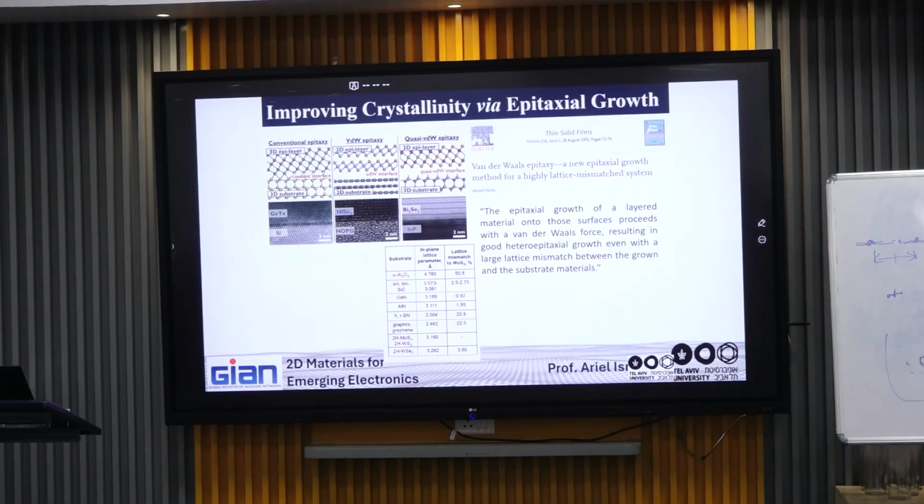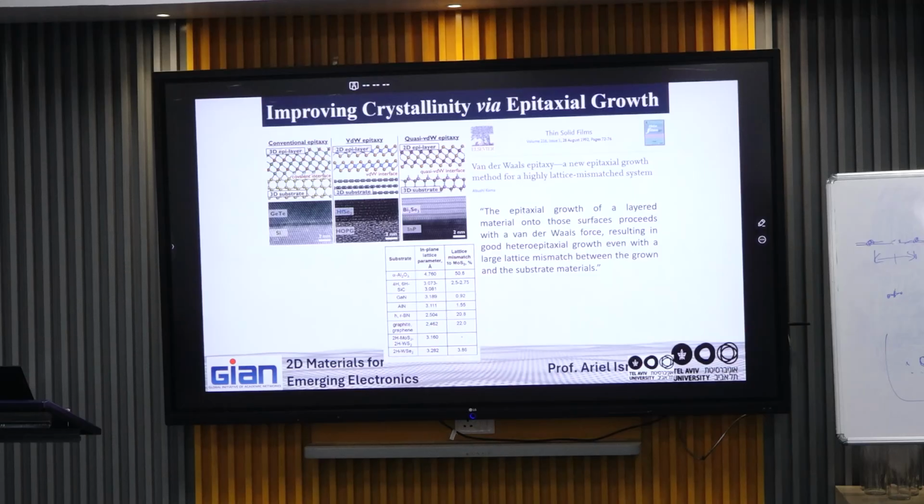Now, but still, in MOCVD, you get very small domains, and it is a problem to obtain high quality, highly crystalline materials. So one of the ways to do that, like in semiconductors, is to grow these materials epitaxially on top of the substrate, right?